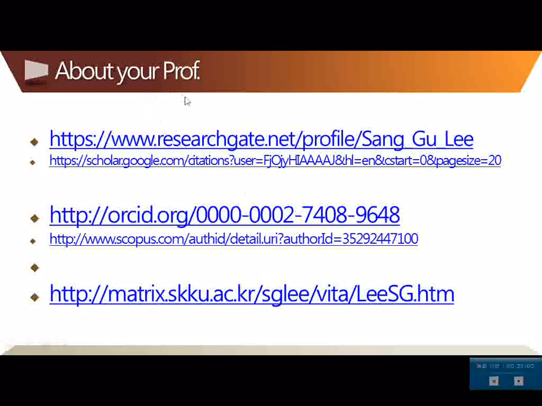Okay, you can find information on me and what I have done and what I am interested in on ResearchGate, Scopus, elsewhere, or from my own homepage. I have worked mainly on matrix theory from the theoretical view, structural matrix theory.